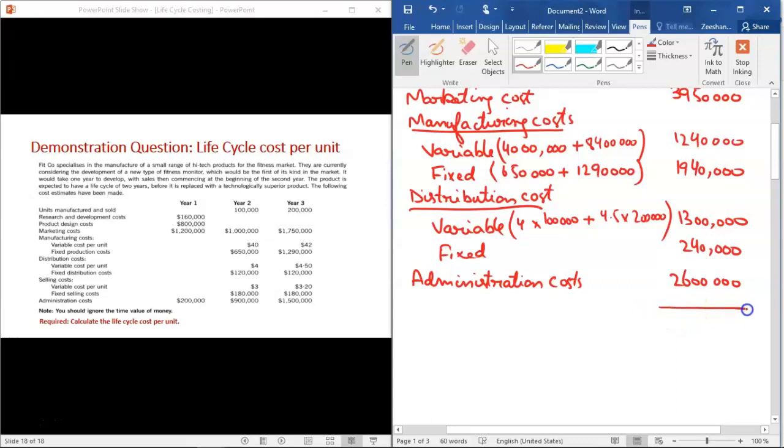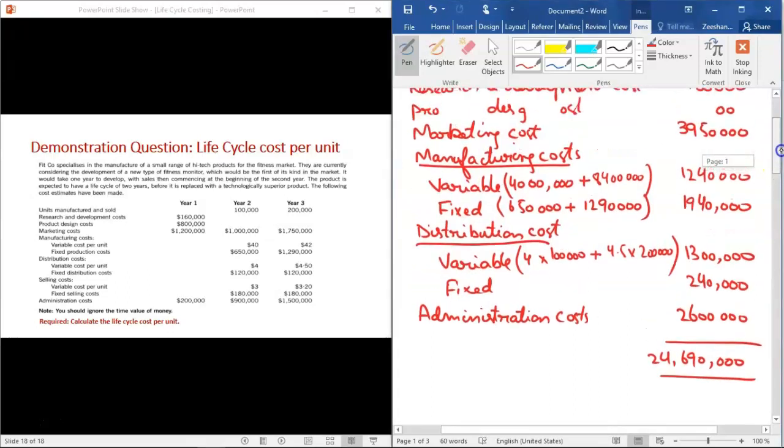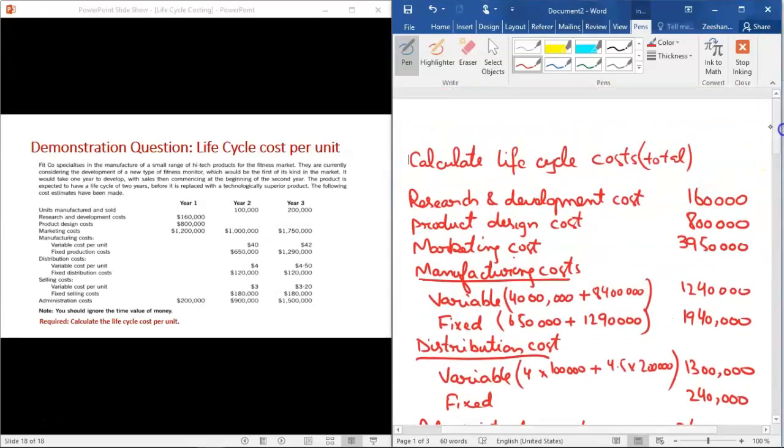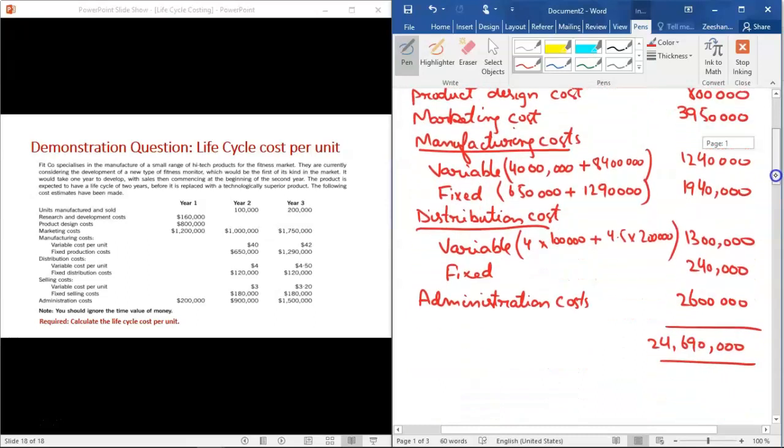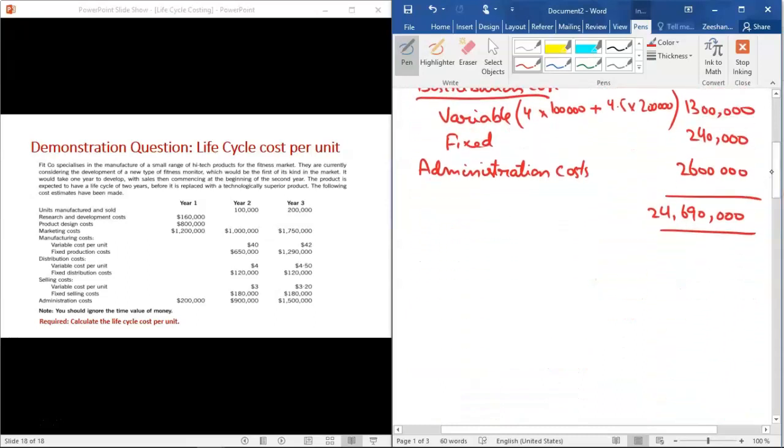So if I add all these costs together, that becomes 24690,000. So this is what we call, we accumulate all the cost over the entire life cycle. We accumulated the research and development cost and the product design cost and marketing cost and distribution cost and selling cost, and the total of the cost over the entire life cycle is 24690,000.